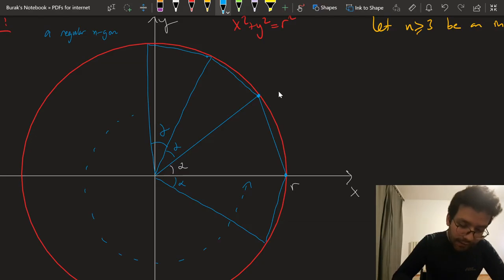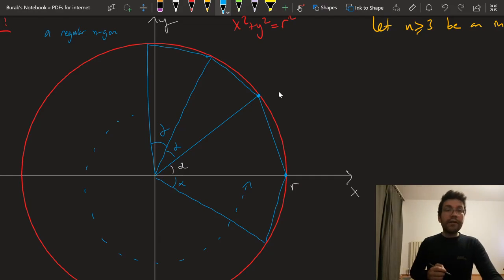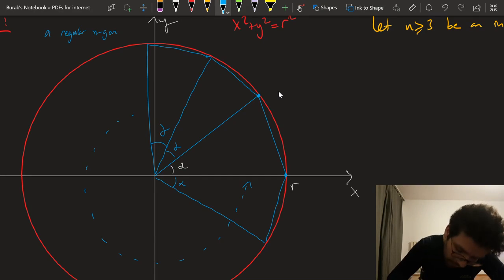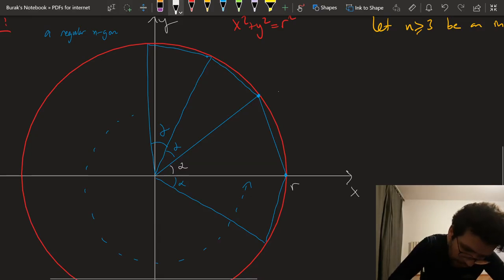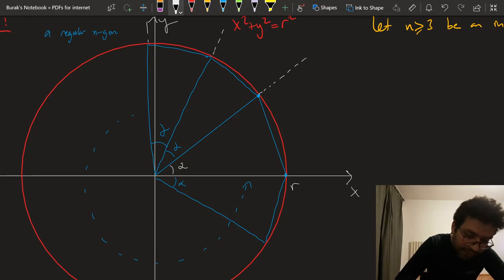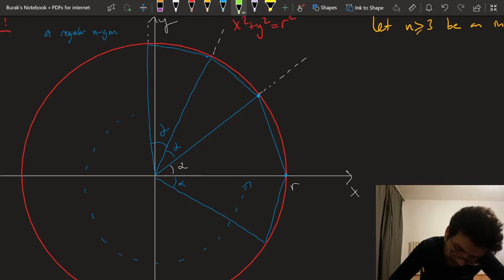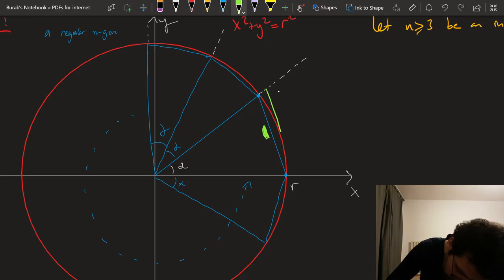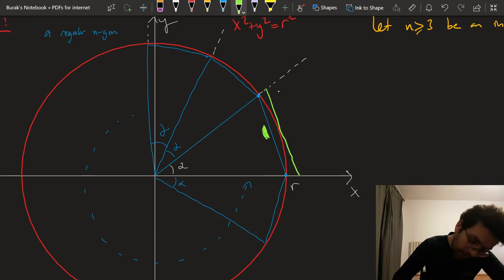So what I'm going to do is create other triangles. This time I'm going to extend these line segments, and I'm going to put a line segment which is parallel to this one and which is tangent to the circle.